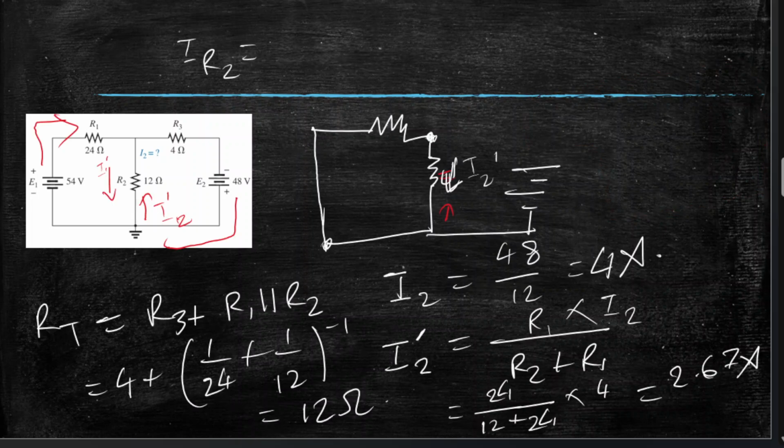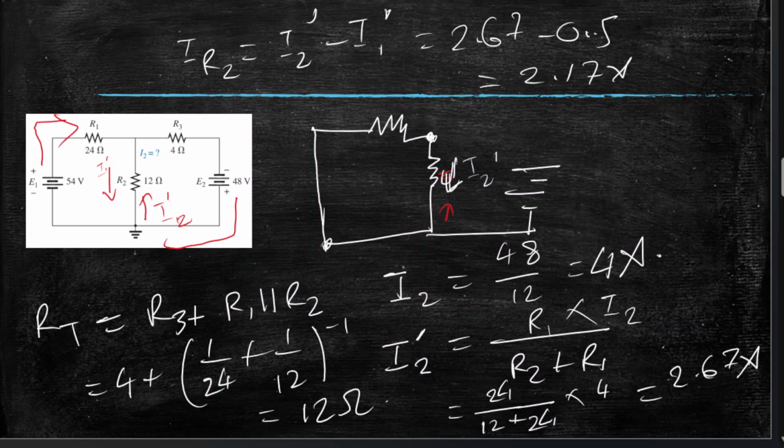So we will just do I2 prime minus I1 prime. So 2.67 minus 0.5. We'll consider the smaller value to be negative, so that finally we get a positive value. So 2.17 amperes. We get a positive answer. So that's the current flowing through R2, or 12 ohm here.